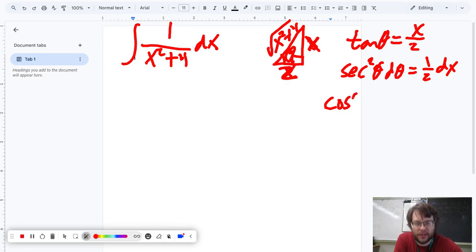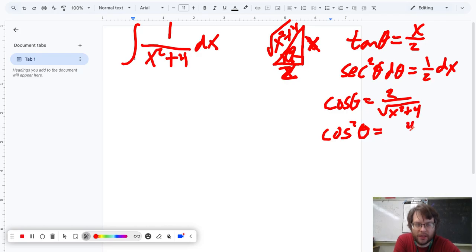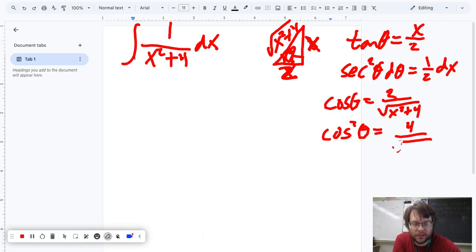The other thing I'm going to do is I'm going to try to match my integrand. So if I look at cosine of theta, that's adjacent over hypotenuse. And that tells me that if I did cosine squared of theta, that would be almost exactly the integrand I was looking for. Because if I square it, it gets rid of the square root.